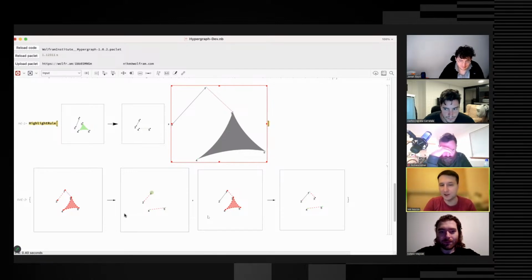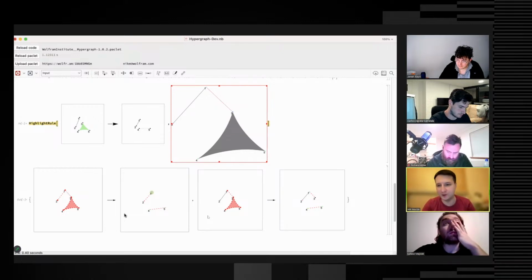It can be completely removed, because if you only match edges, and this vertex also participates in another edge that is not part of the matching, it's not going to be removed. But if it is a vertex which is not part of any edge, you can remove the vertex completely. It can even change the hypergraph outside of the matching edges somehow. So it's a little bit more powerful.